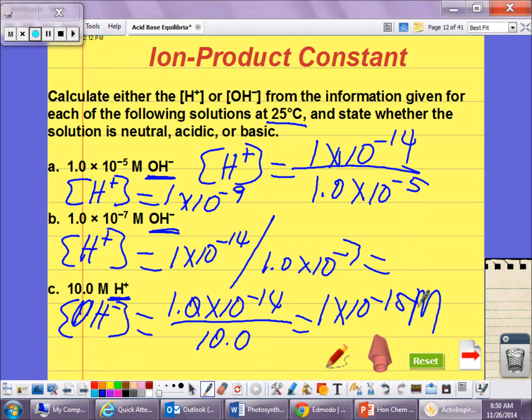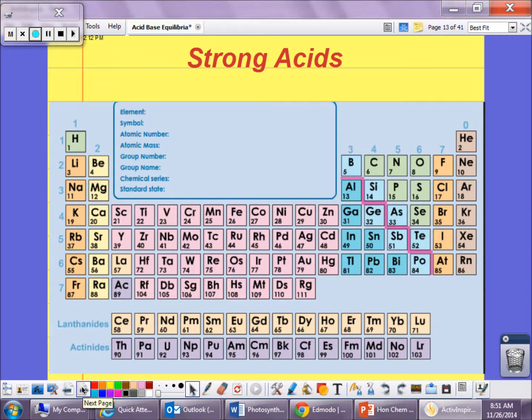Okay, and this is my OH minus. Therefore, the solution is acidic because my OH minus is way less than my H plus. Okay, you need to review your strong acids and strong bases.